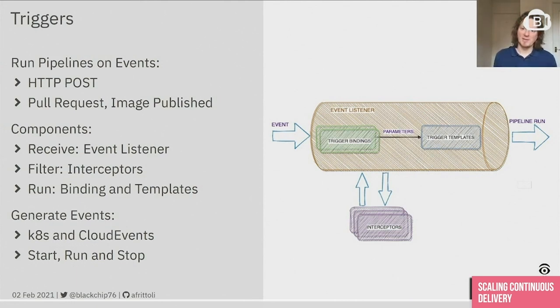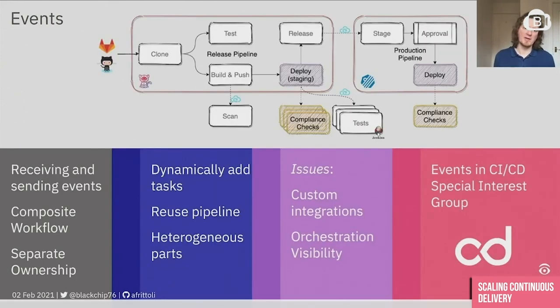And once the pipelines and task execution are complete, or also when they start or while they're running, we are able to generate events. That could be Kubernetes events or cloud events, a CNCF project. So these things combined together mean that we can receive and send events as a reaction to a pipeline.